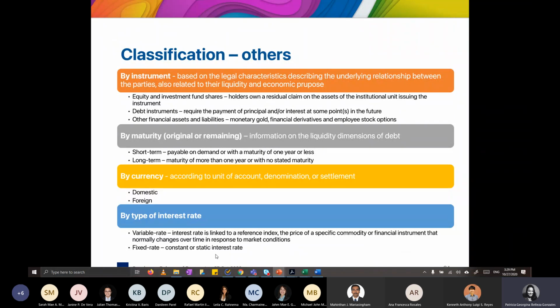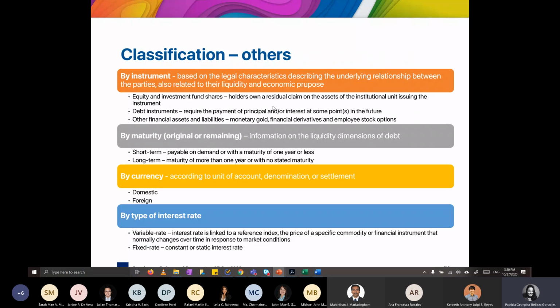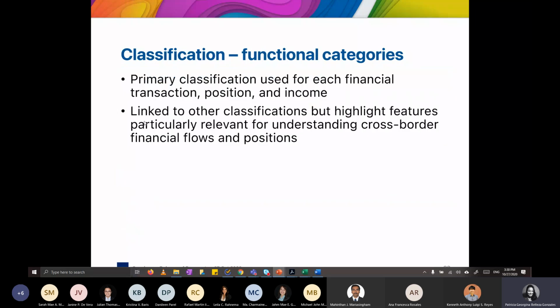So for our purposes, however, in the balance of payments, the standard classification is the functional category. So it is the primary classification used for each financial transaction, position, and income. Though these functional categories are not being used in the financial accounts of the SNA or other finance statistics, there is actually a direct correspondence between these classifications and the functional categories.